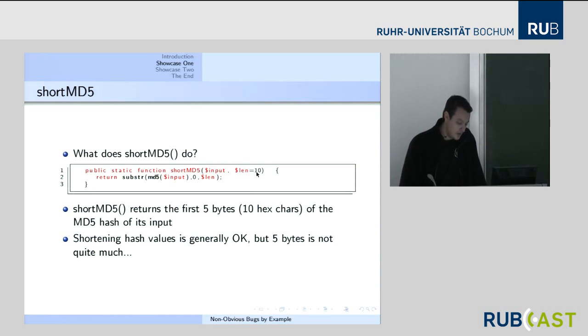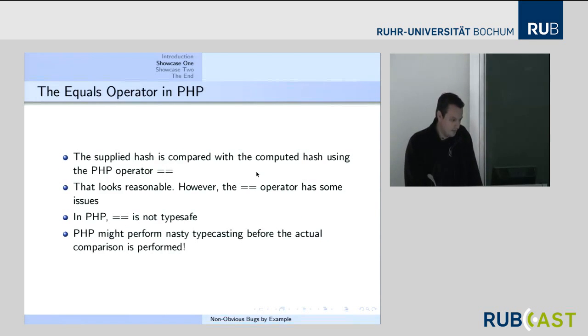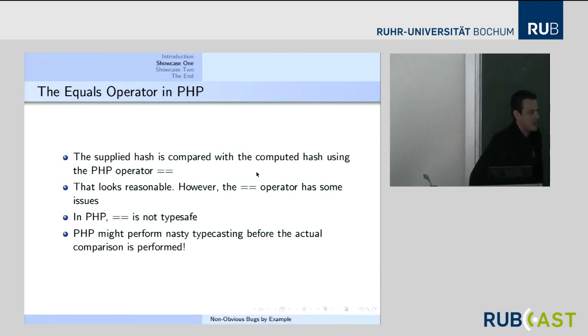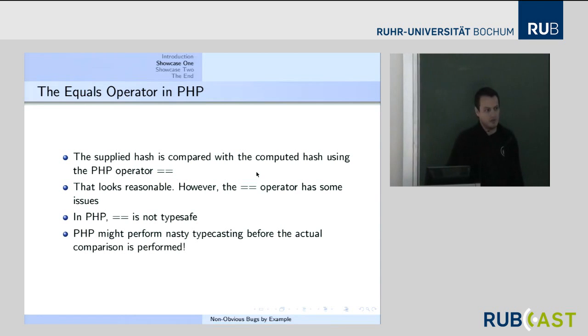And here's another observation. In general, it's okay to shorten hash or MAC values. But first of all, why? Because in this case, bandwidth shouldn't be the problem. I mean, it's a couple of bytes only. And second, 5 bytes is not that much. Okay. So what we have seen so far actually seems to make sense somehow.